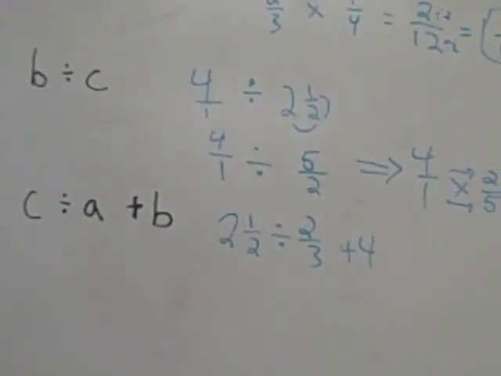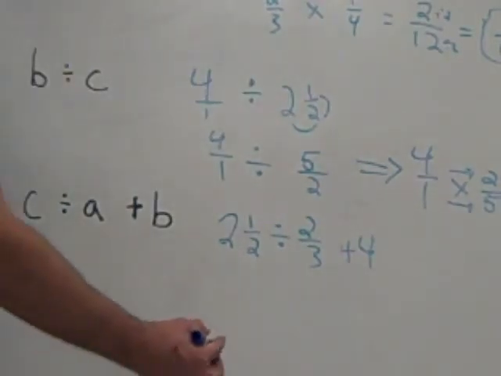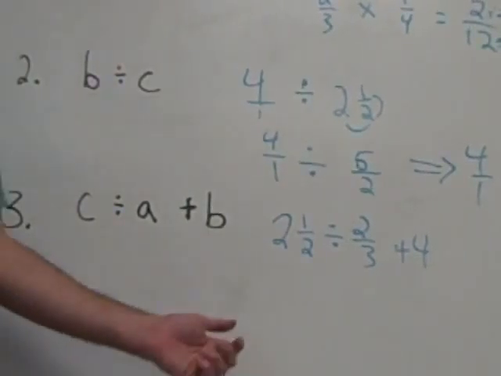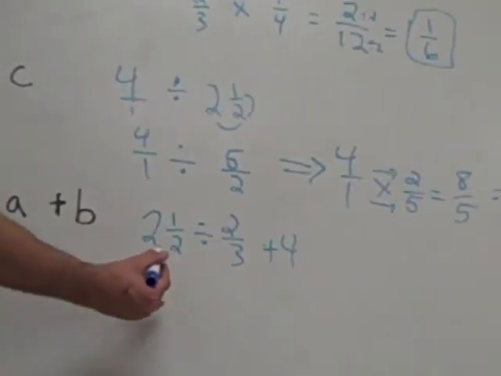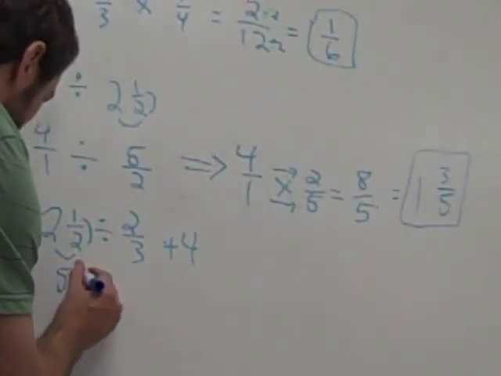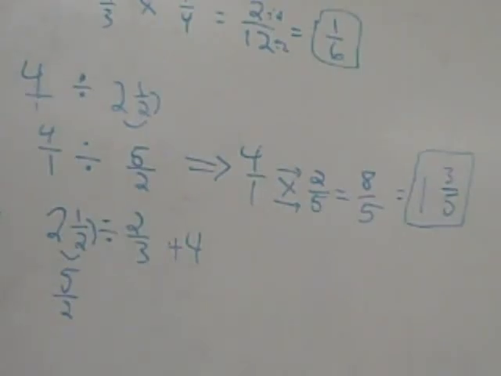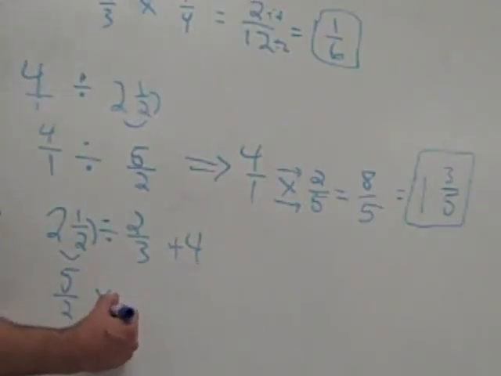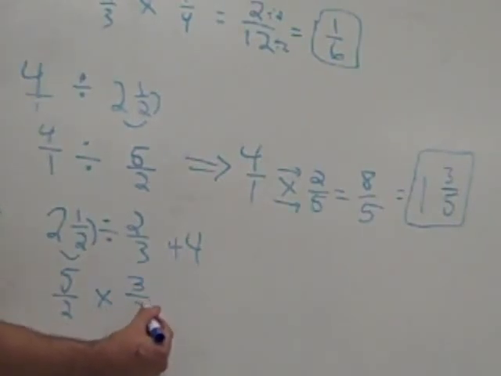No. Divide. There's not multiplying yet. There's going to be when we keep it, switch it, flip it. But right now it's divide. So first, if I'm going to divide, what do I have to do? Make it a fraction, so 5/2. What am I going to do? Keep it. What am I switching? Divided to times. And then flip 2/3 to 3/2.